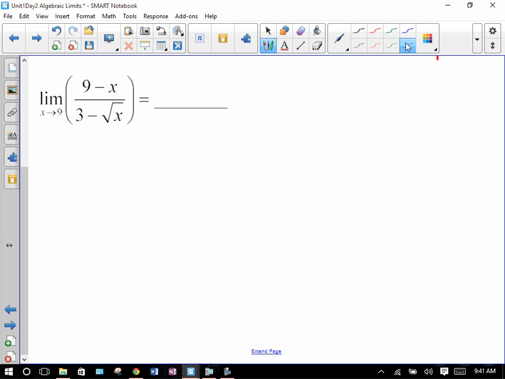But let's just check. So we plug in 9 here. It's going to be 9 minus 9 over 3 minus the square root of 9. 9 minus 9 is 0. 3 minus the square root of 9 is 3 minus 3, which is 0.